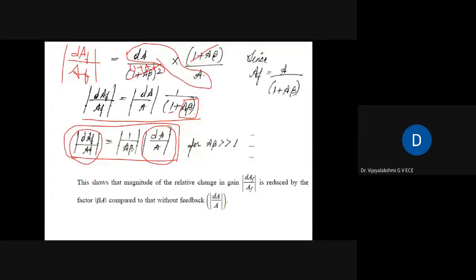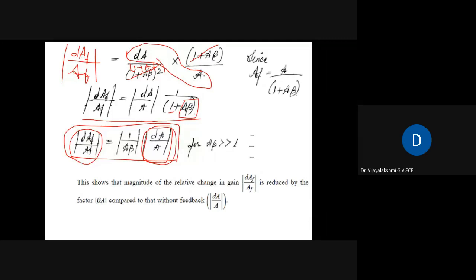So this equation says that the variation in the gain with feedback is very less when compared to the variation in the gain without feedback, because see here, the variation in the gain dA by A is multiplied by 1 by A beta. That means this whole quantity is getting reduced because you are multiplying that by 1 divided by A beta. That means what?